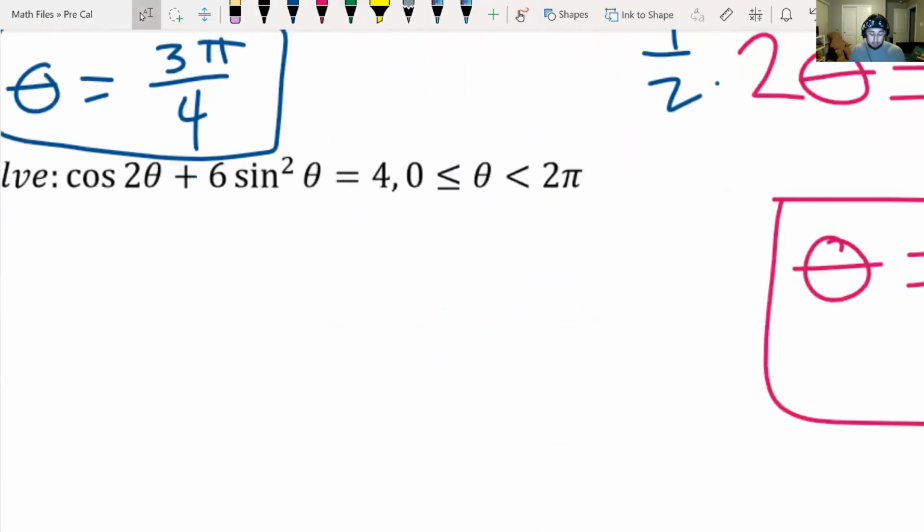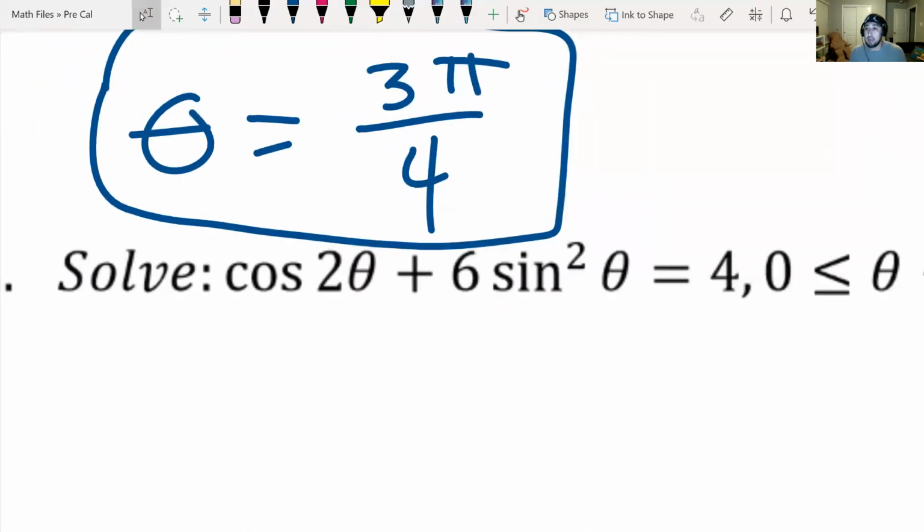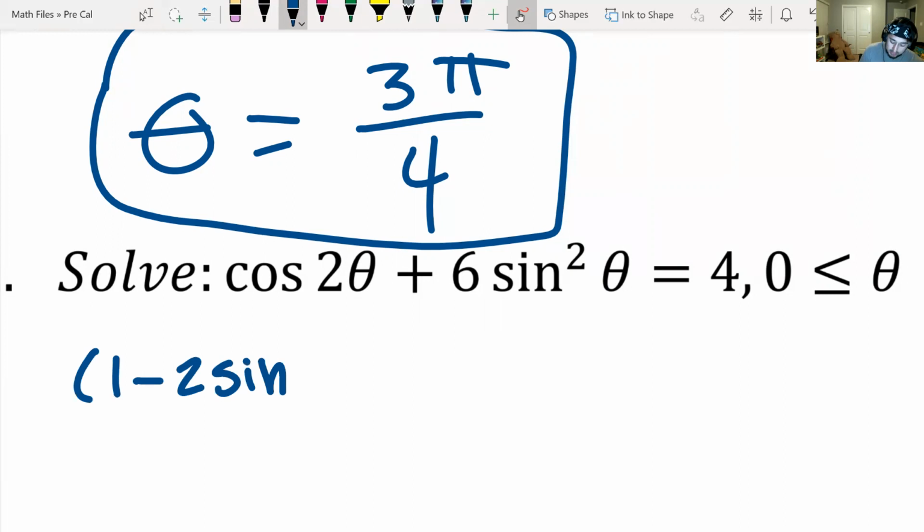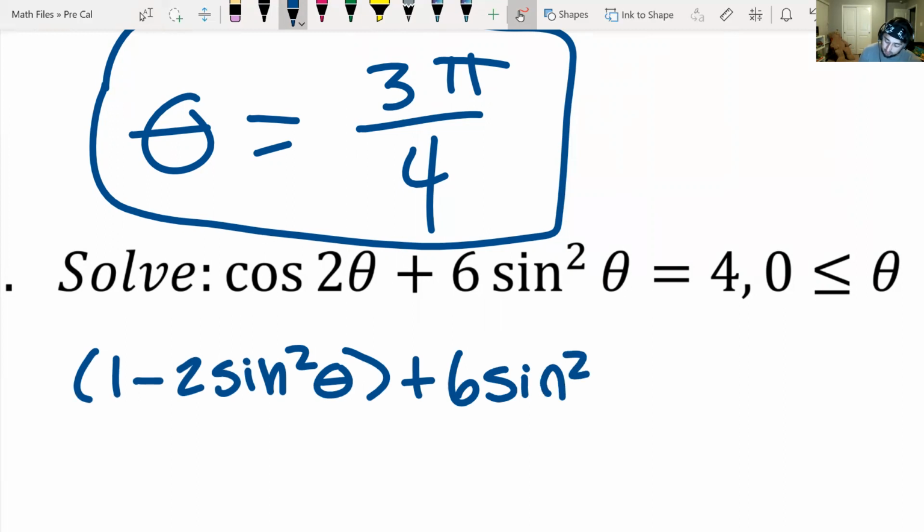Of course, use what you want. Maybe you want this all in terms of cosine. That's fine as well. I can show that option right after this. But let's put this in terms of sine. So cosine 2 theta becomes 1 minus 2 sine squared theta plus 6 sine squared theta equal to 4.